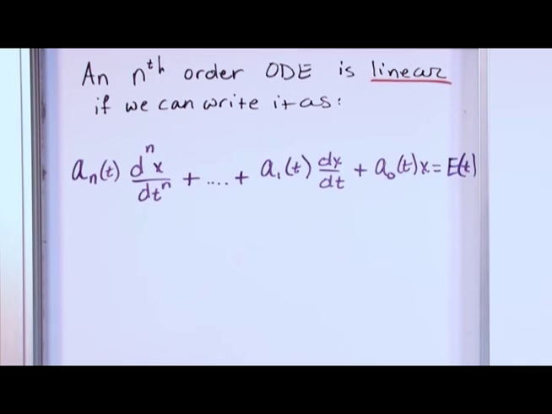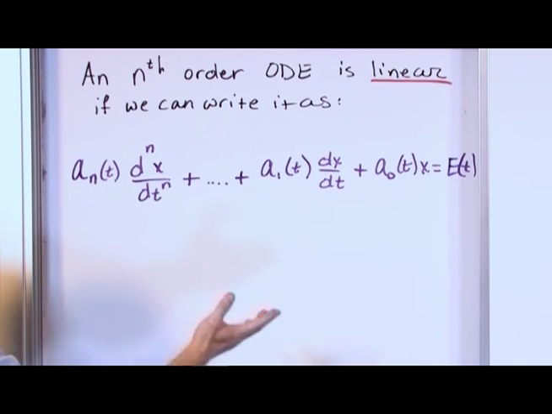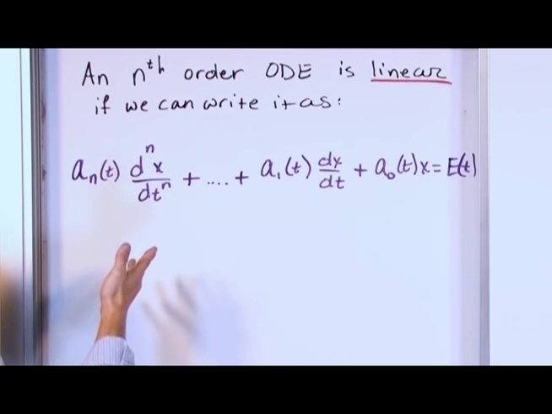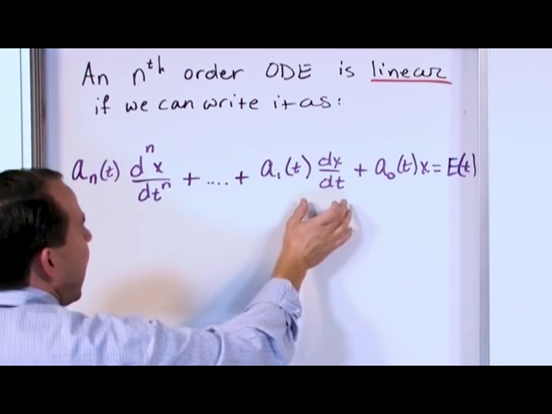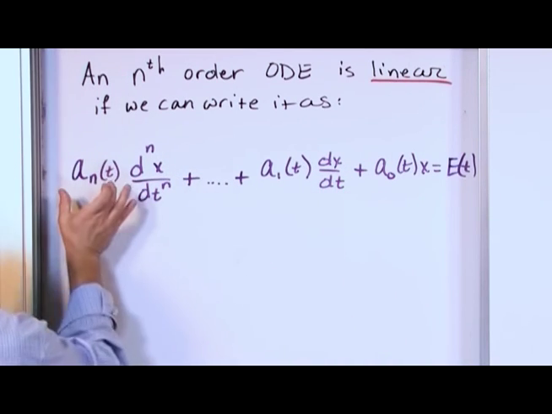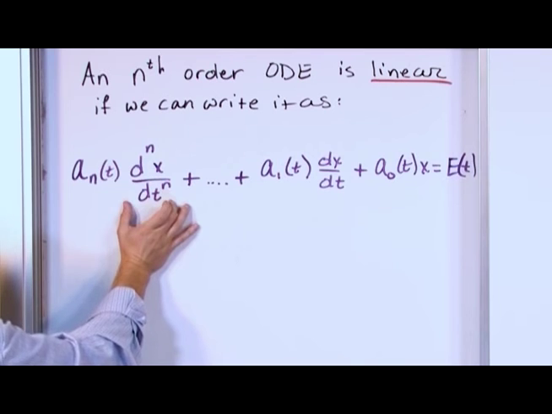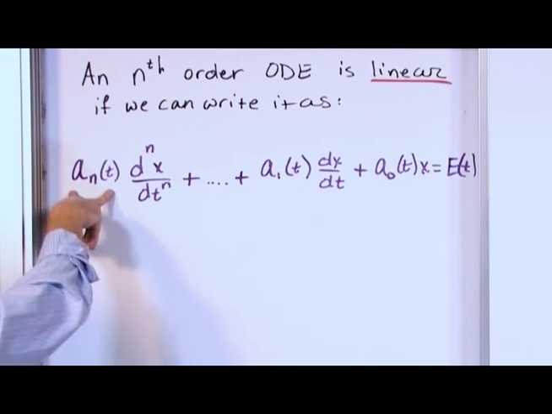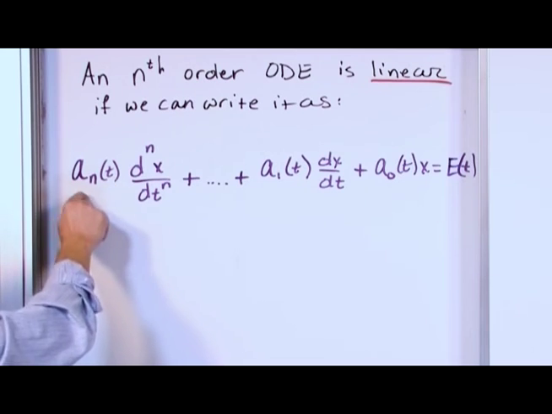So the way to really look at this is the following. We have n derivatives, however high you want to go in the complexity of your differential equation. In front of every term here, you have a function of, in this case, time, a function of our independent variable. This a sub n of t could be any function of time. Could be the square root of t.